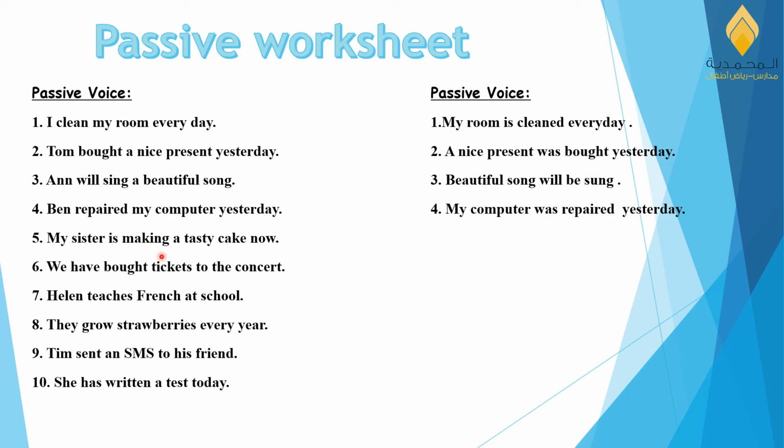Is being. What's the verb 3 of make, which is the action verb of the sentence? It's make, made, made. Can you construct now the sentence in the passive? A tasty cake is being made now.